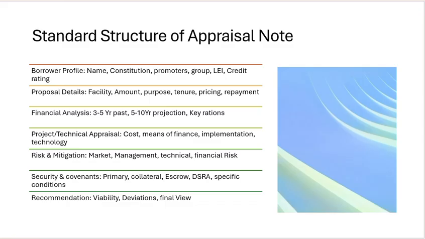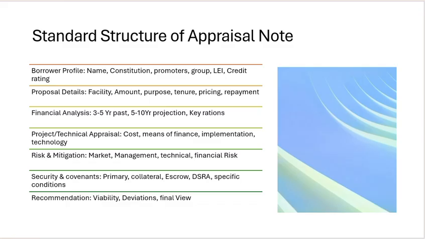Then the purpose of the project: why the project is created, what benefits we get from it, and the type of model, such as build operate transfer, toll operate transfer, hybrid annuity model, or other structures of the project. Then the tenure of the project, the tail period, and the loan life coverage ratio for the project.